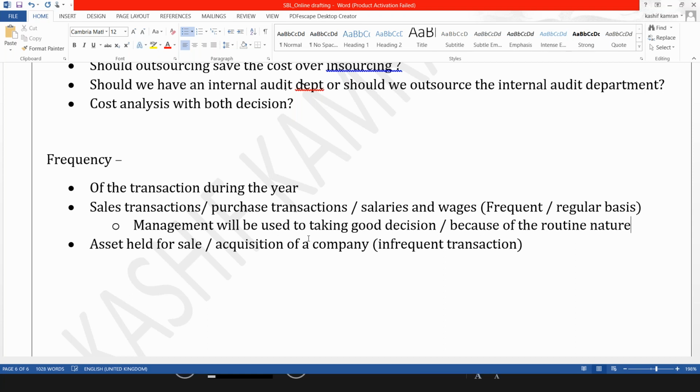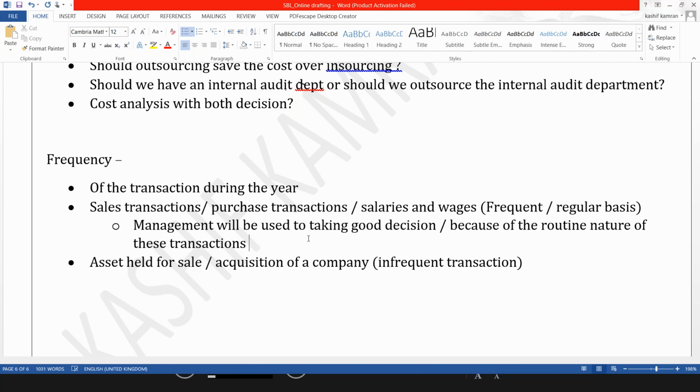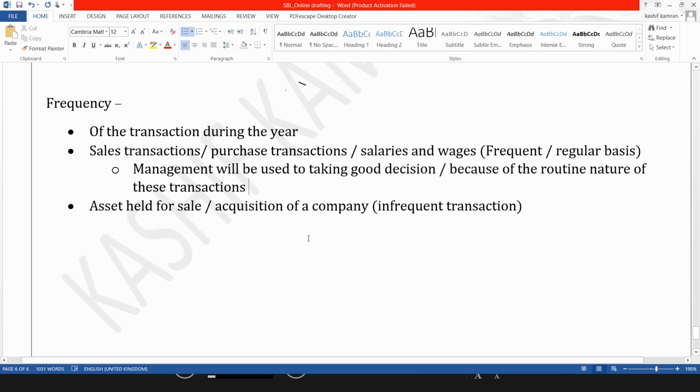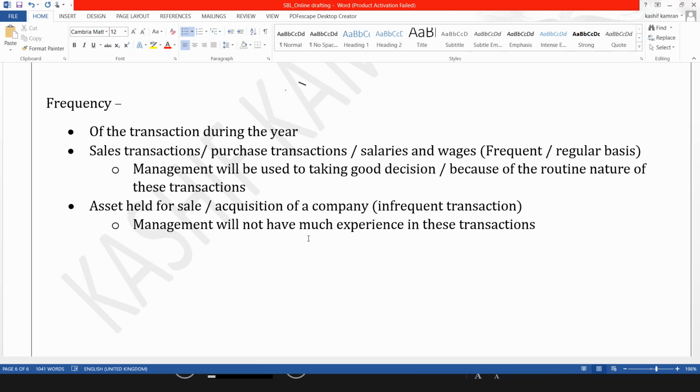But if a transaction happens once in a year, once in 5 years, then this is very important because the management will not have much experience in these transactions due to the infrequency of these activities.